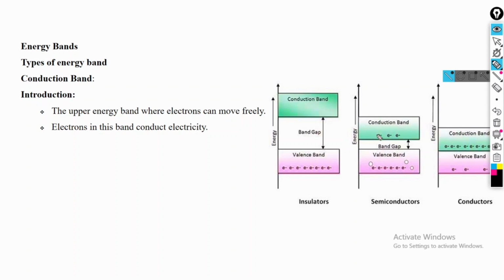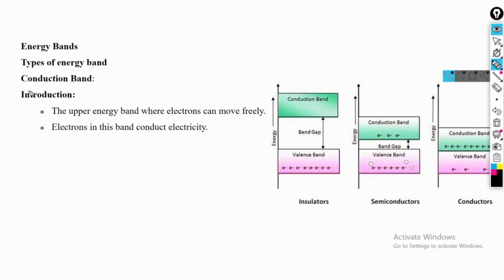And as compared to the insulator, which has no free electrons in the conduction band, the semiconductor's conductive nature is more, but as compared to the conductor, its conductive nature is less. Therefore we call it a semiconductor, having the ability to conduct heat and electricity between the insulator and the conductor.